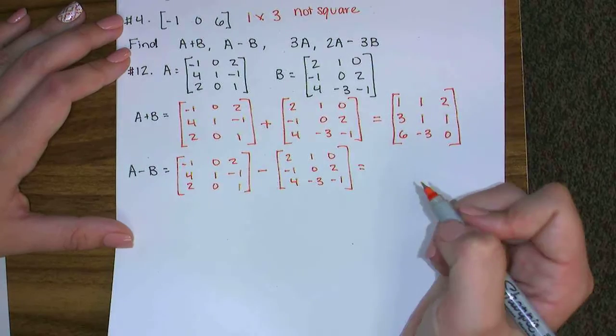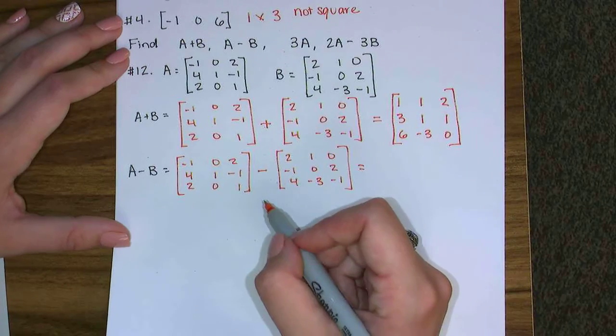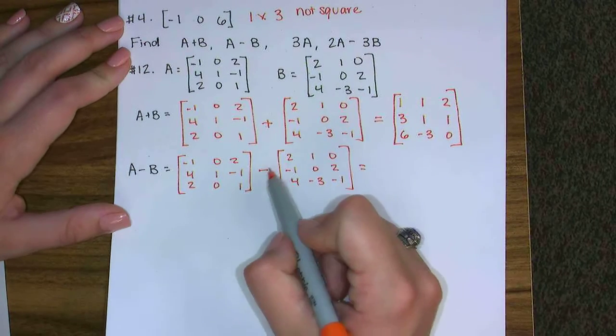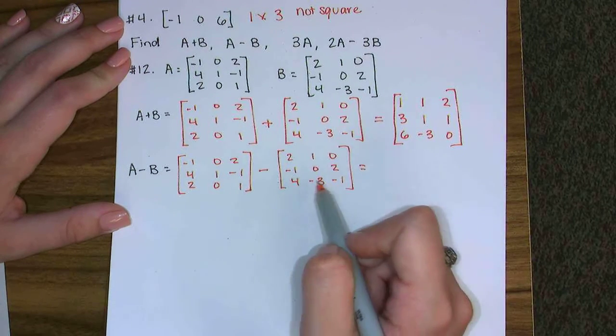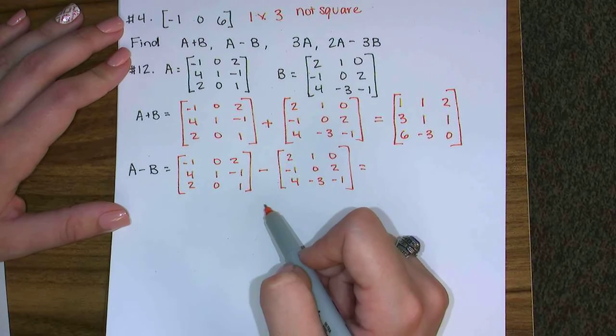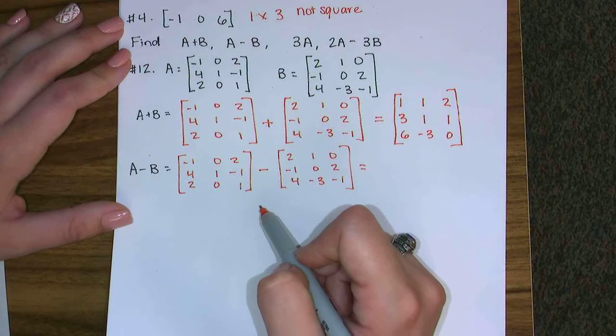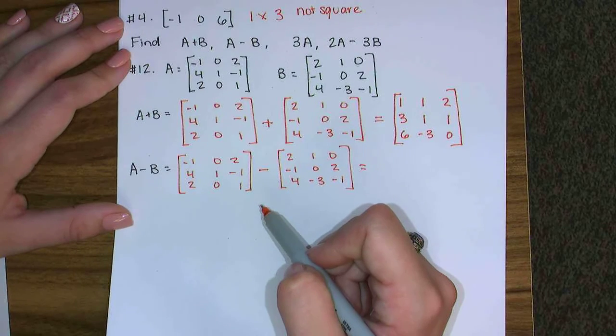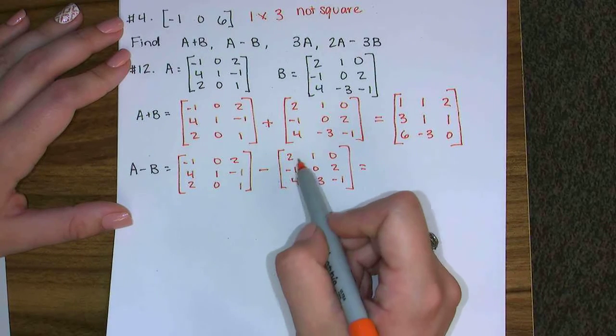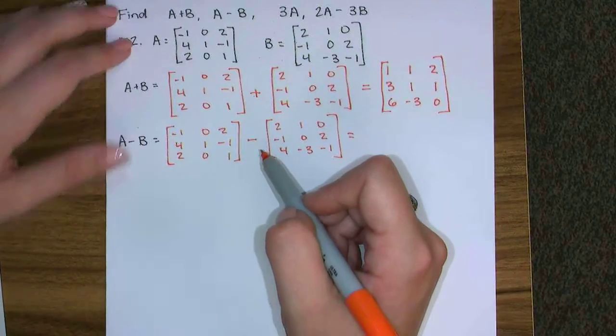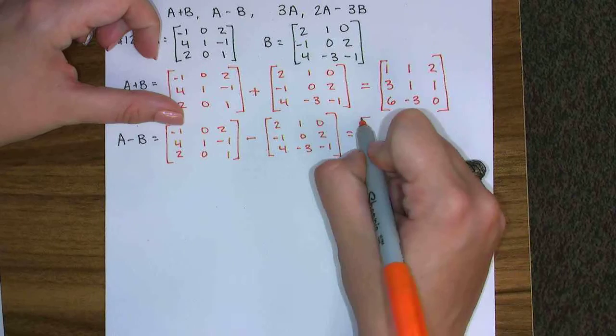So now I can do this one of two ways. I can either multiply this negative sign through everything and rewrite these with a plus sign between them, but you guys are in pre-cal. I think you can take care of negatives on each term, so I'm just going to go across and do my matrix.